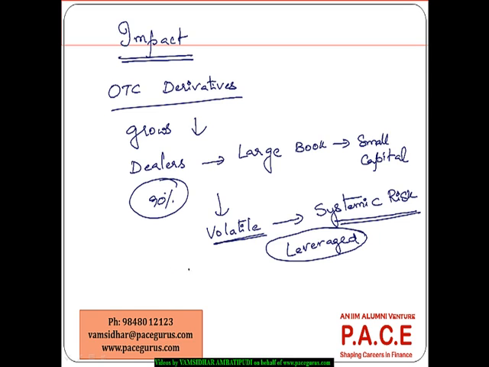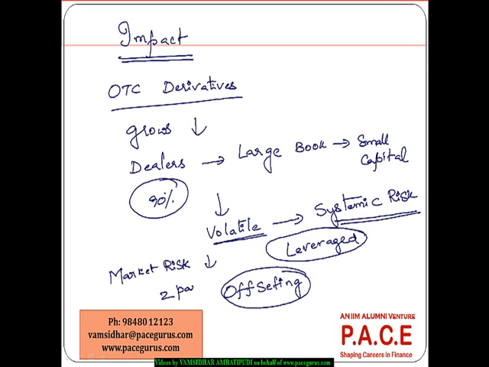So the other aspect which we have already discussed: if an institution is executing an offsetting position with another market participant, it is able to reduce the market risk with this offsetting transaction. We see that the market risk is significantly reduced, but they will have the counterparty risk with respect to both counterparties: the party with whom the original transaction got initiated, and the party with whom the offsetting transaction got initiated.